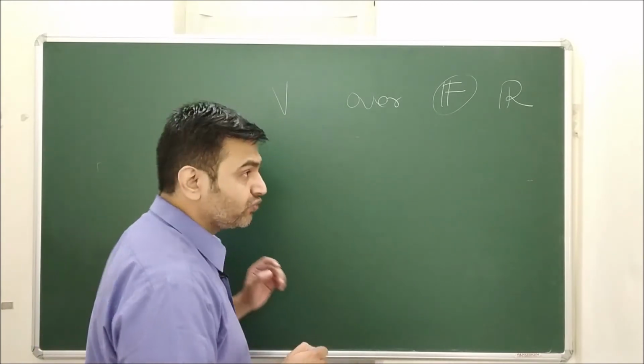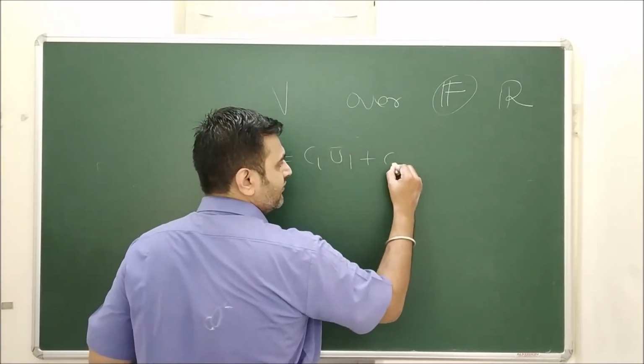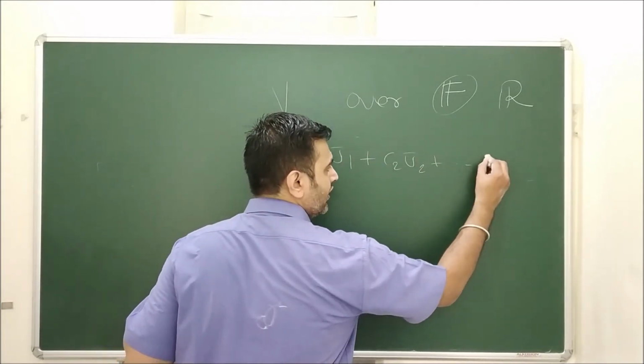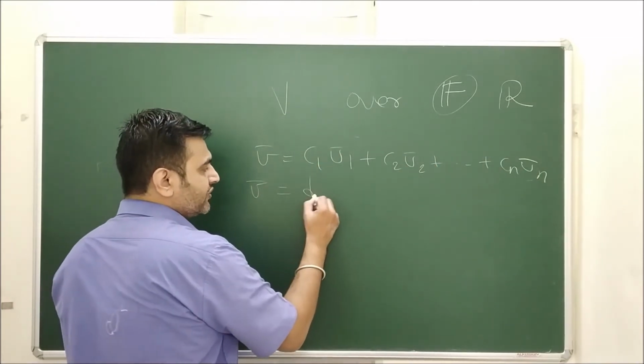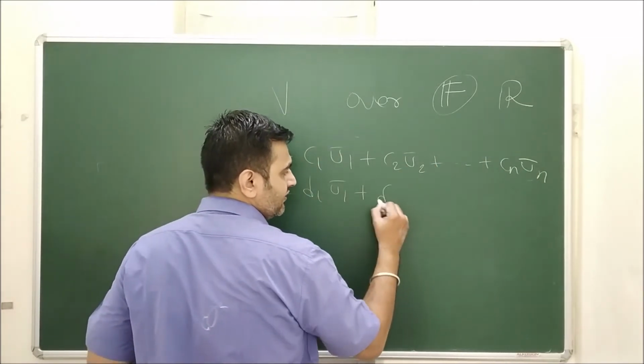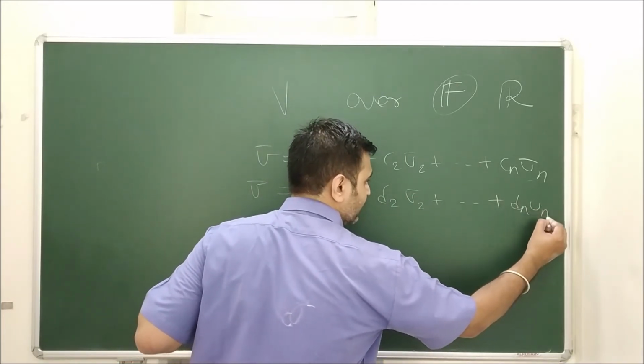And now let me try to prove this. Suppose V bar can be written as C1 V1 plus C2 V2 plus up to Cn Vn, and suppose V bar is also written as D1 V1 plus D2 V2 plus up to Dn Vn.